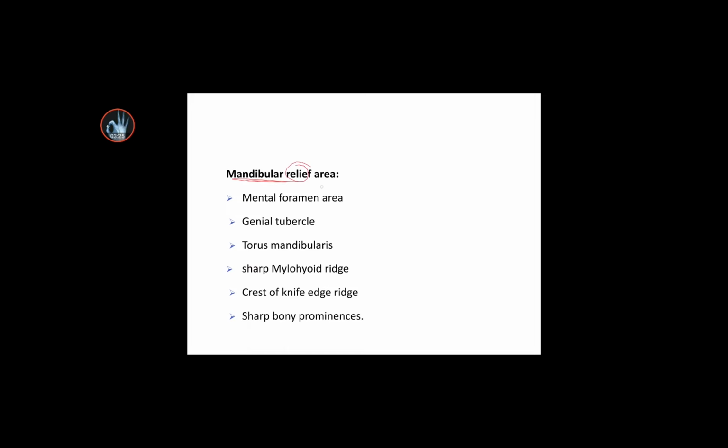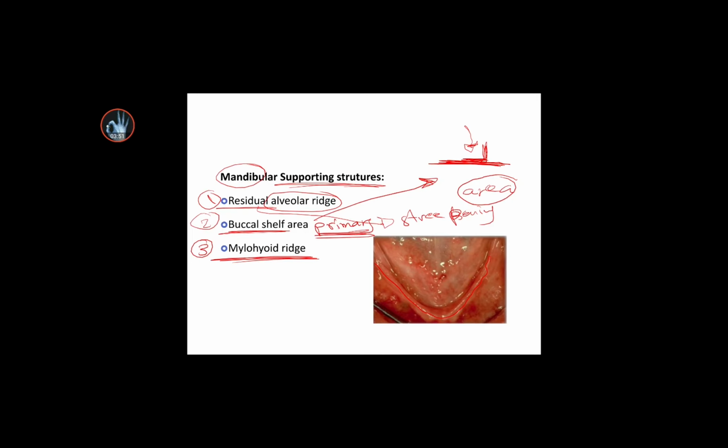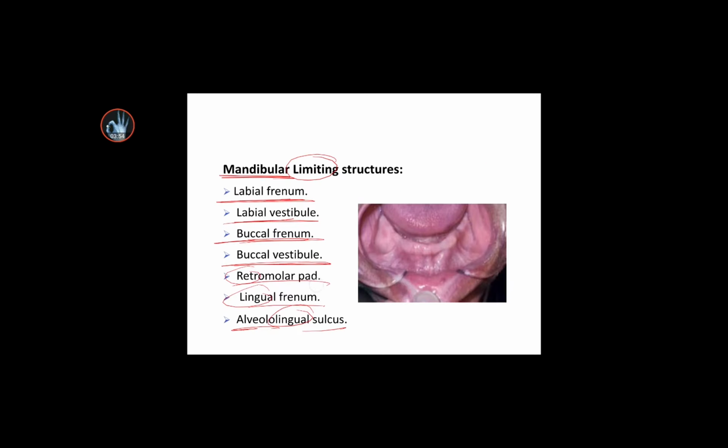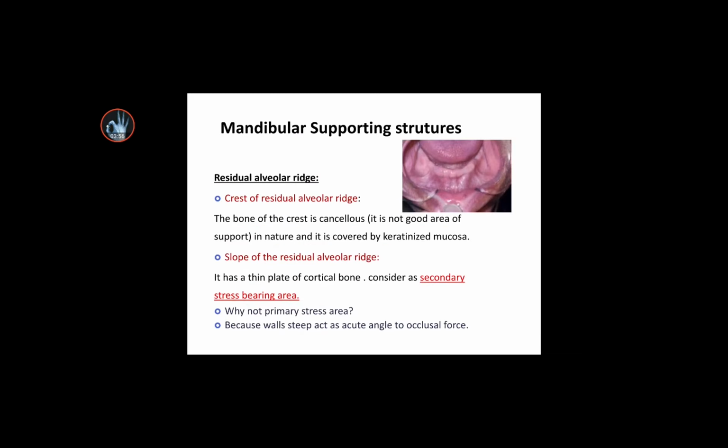Also, after those lectures, we will talk about the relieving areas: mental foramen area, genial tubercle, torus mandibularis, sharp mylohyoid ridge, crest of knife edge, and the sharp pointed prominence. These we will explain in the next 2 lectures inshallah. So don't be worried about this, forget about it. We will consider today the supporting structures. اللي يهمنا حاليا هم supporting structures.